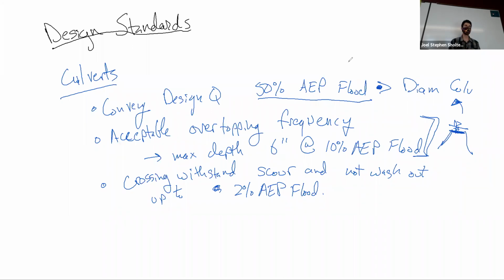Typically, you're constrained by that because you've got this profile of the creek, and here's the roadway. And so the culvert usually has to follow the topography of the ground itself. You don't have a lot of wiggle room with that usually.